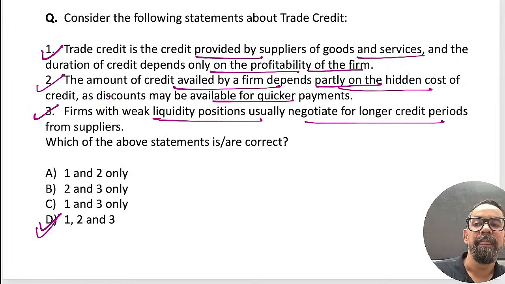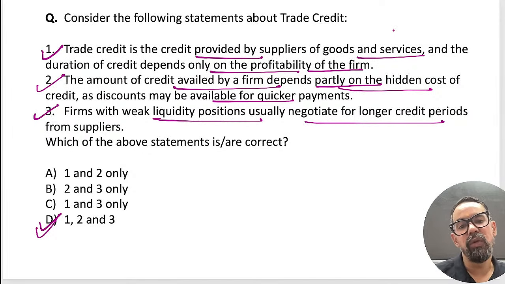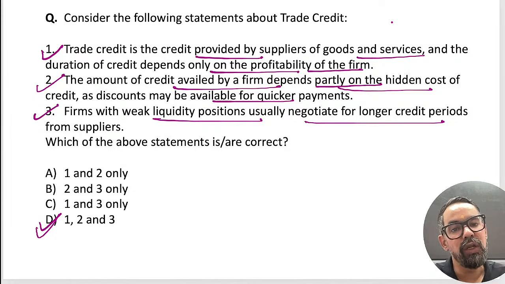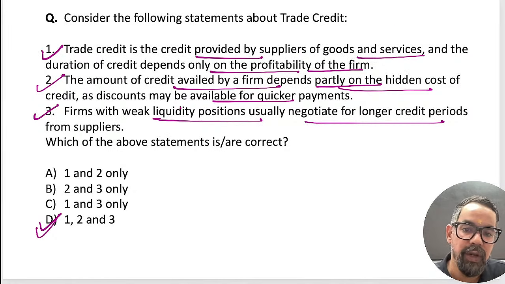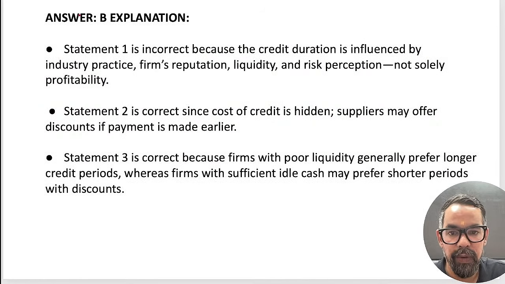If you are discounting, how quickly you make payment or how deferred a payment you want will involve some hidden cost, like a discount rate. For a payment after 90 days, it will involve some interest for that period. If you are paying earlier, you will have a benefit. And the third one is also correct. D must be the right answer.